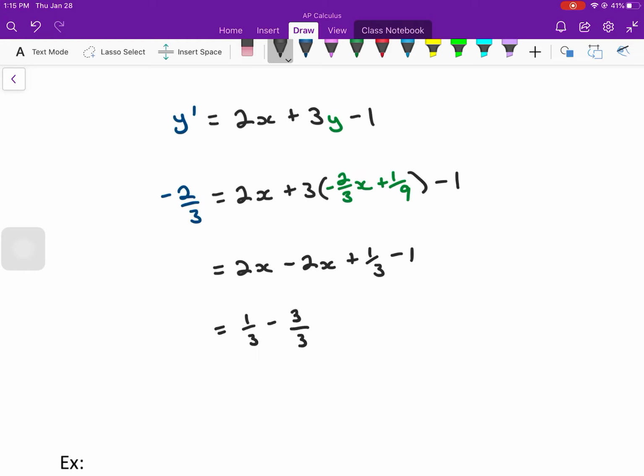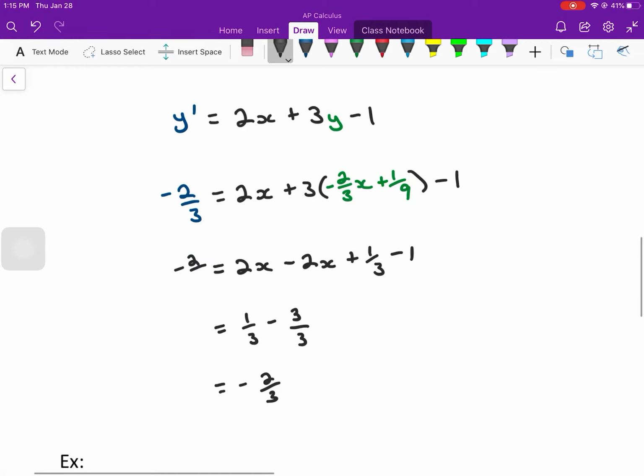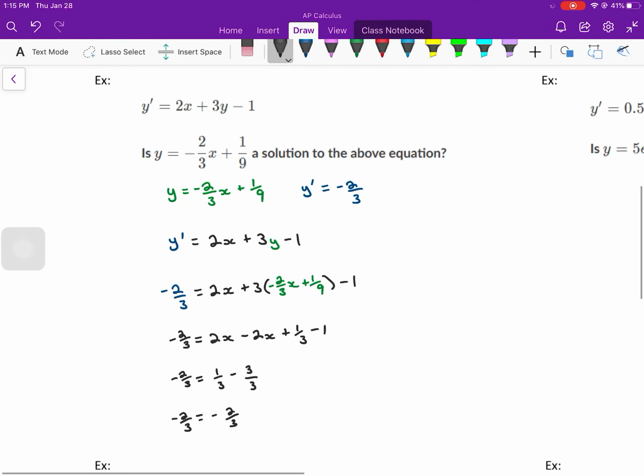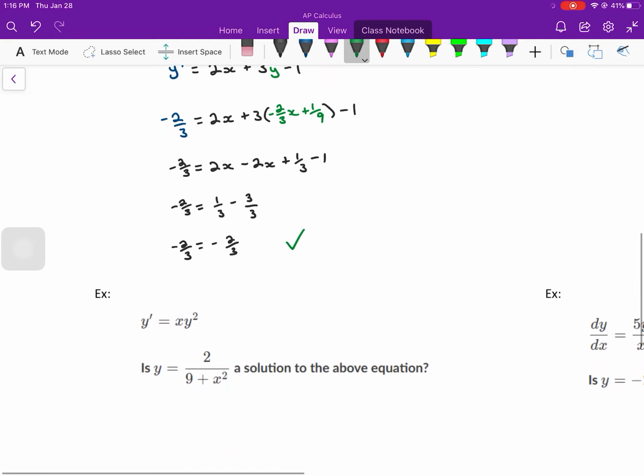If we get that common denominator, which is negative 2/3. So verifying this solution, I would say those are equivalent. So that works. So that is a solution. I'll put a big check mark just so we know, yes, that is a solution.